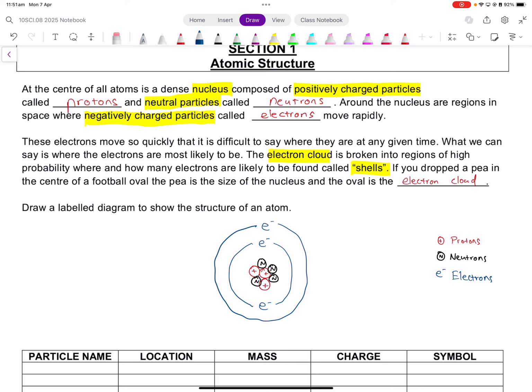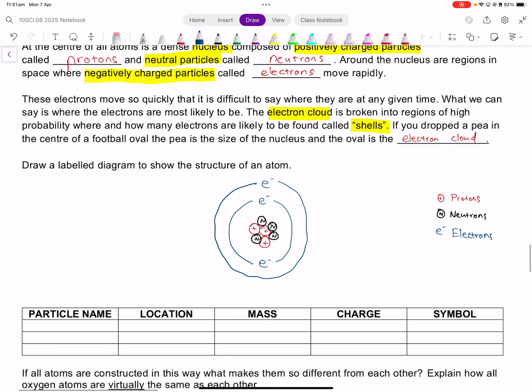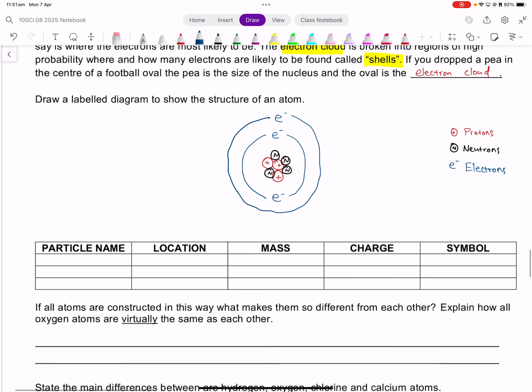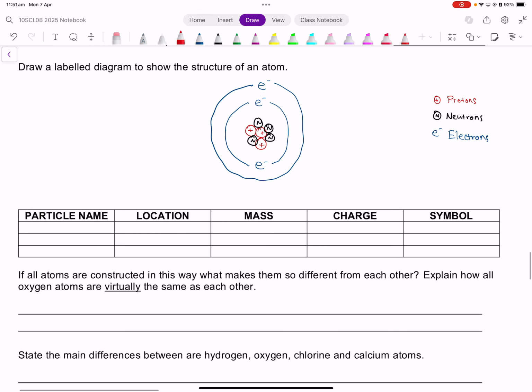Okay. So, we now have 3 particles. What are the 3 particles that we've spoken about so far in this lesson? Neutrons, protons, and electrons. So, in this little table here, we can do it together. We can go protons, and I'm going to use the same colours I have in my diagram. Protons, neutrons, and finally, electrons.